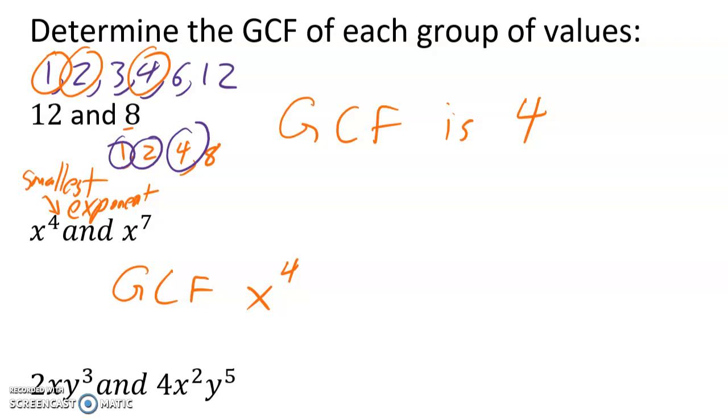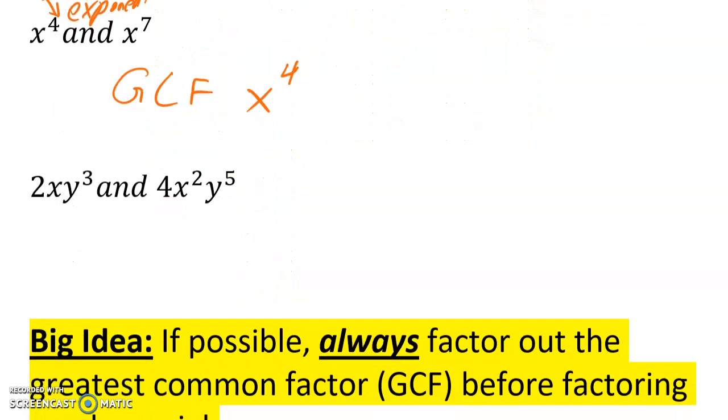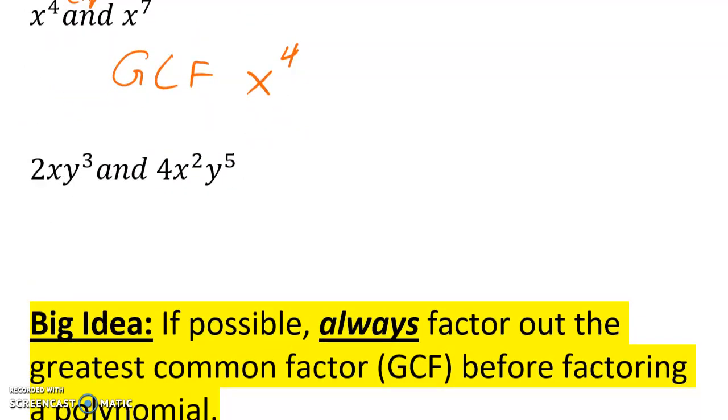All right, and then let's move on to something a little more complicated. What if you've got a mix of numbers and even different variables? Well, in that case, I'll start by looking at the numbers. 2 and 4, I can tell that something I could divide out of both of those would be 2.